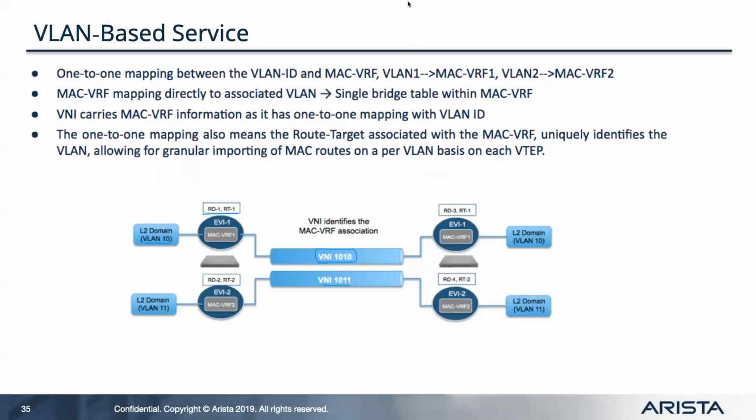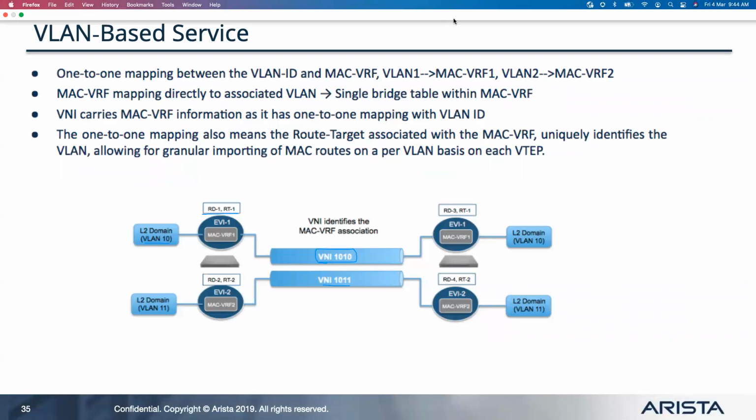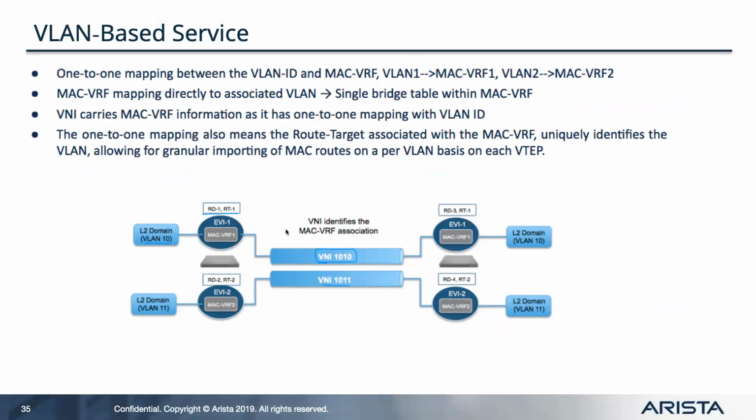Now, can anyone tell me why we need to configure different VNIs as well for VLAN 10 and 11? Why do we need different VNIs? This is VXLAN, right?